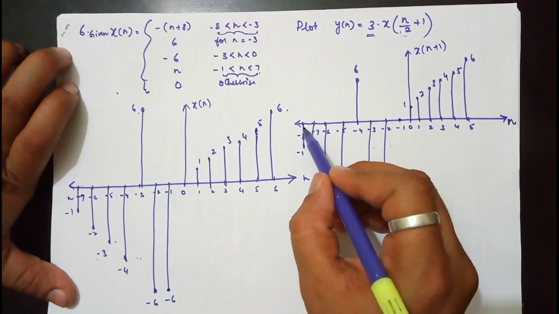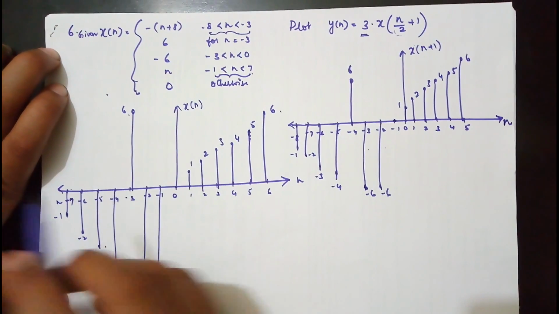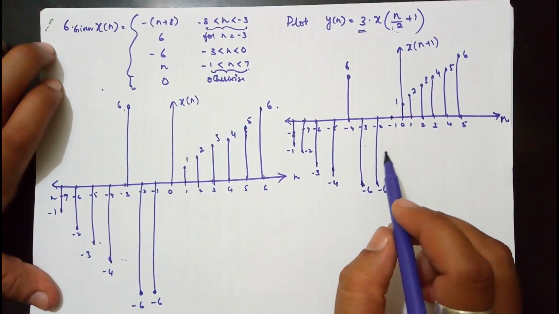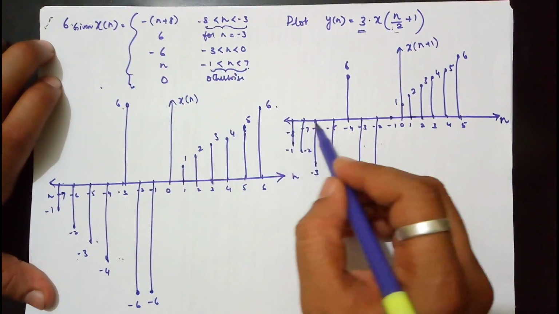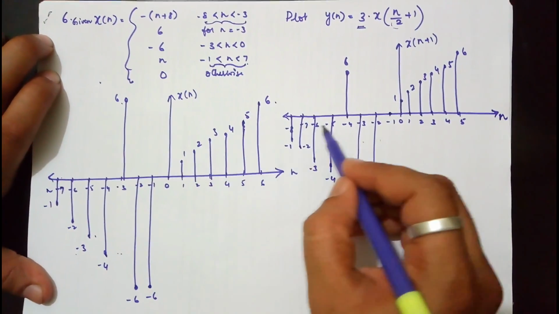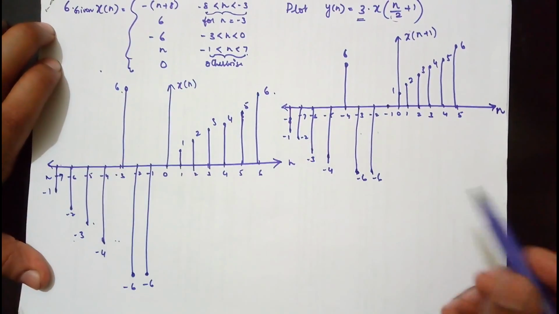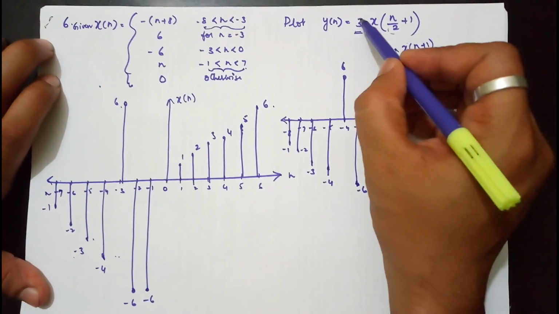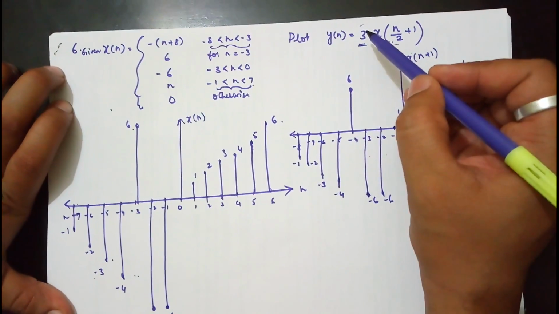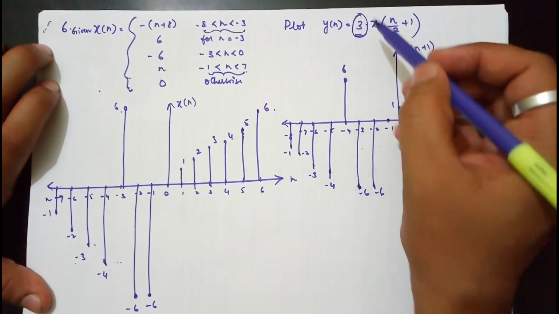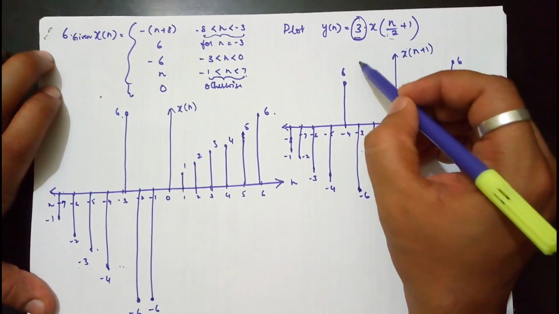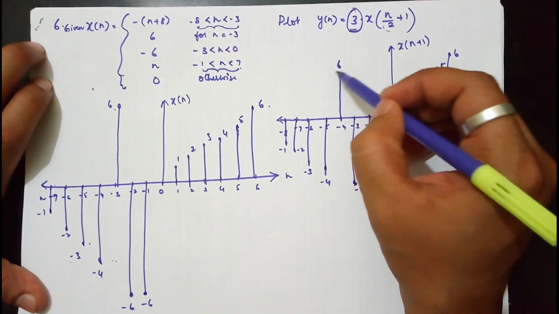Similarly on the left hand side, the sample at minus 8 will go to minus 16. Sample at minus 7 will go to minus 14, sample at minus 6 will go to minus 12, sample at minus 5, and so on. Then you have a factor that is 3. So this 3 helps in amplifying the sample values.